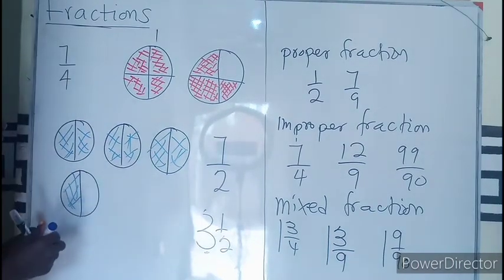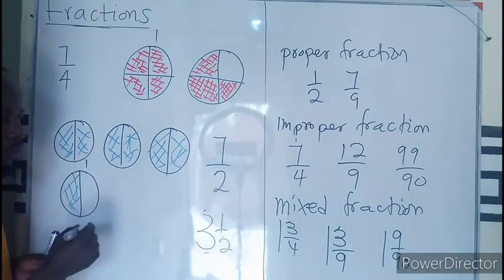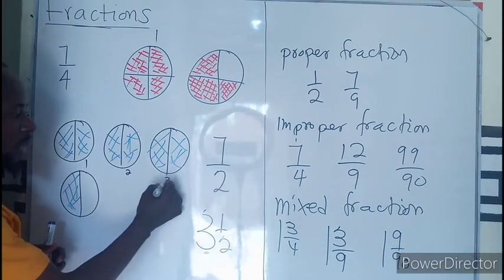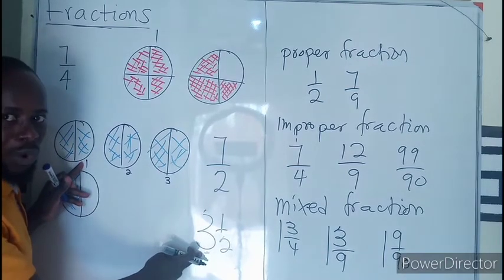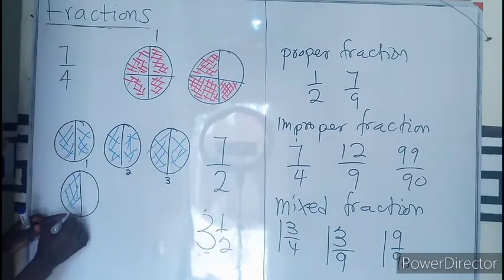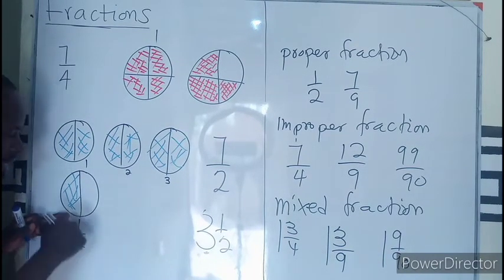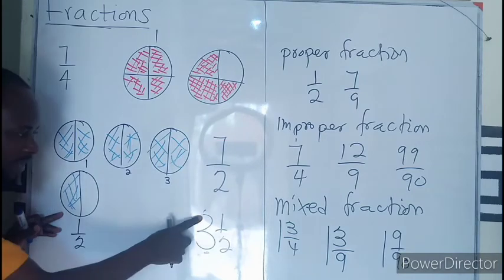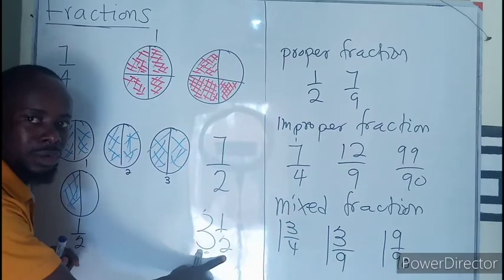So if I want to count, how many wholes am I getting? 1 whole, 2 whole, 3 whole. So there are 3 whole numbers here, or 3 whole oranges. Then this part is 1 out of 2 divisions. There's 1 out of 2. So this is 3 whole numbers and 1 out of 2.